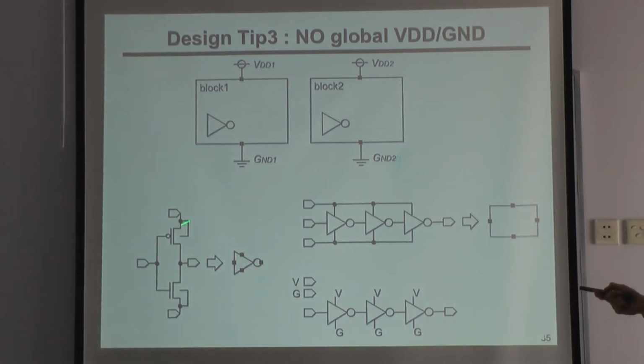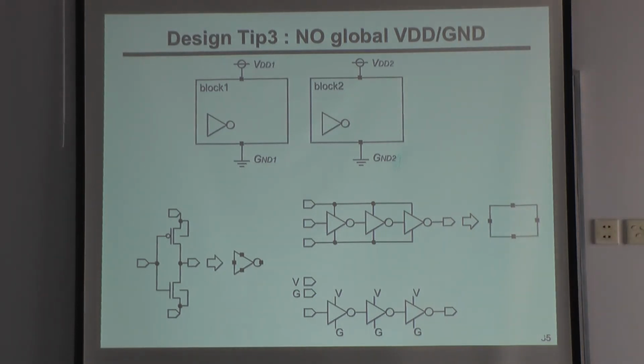So okay, so here's the power and ground, put terminals. And the inverter should have 4 terminals: in, out, VDD, and ground. And once we have the inverter chain like this, connect this power like this.